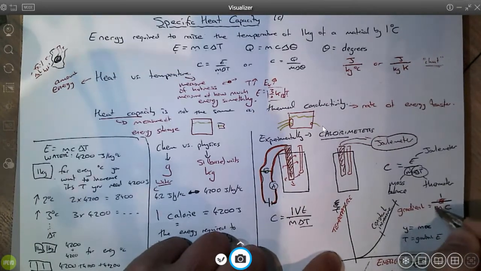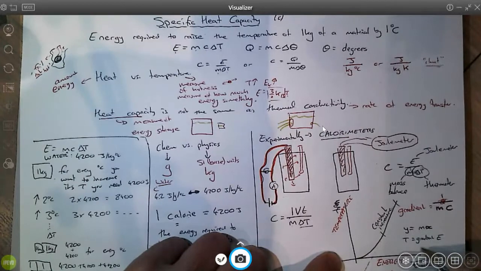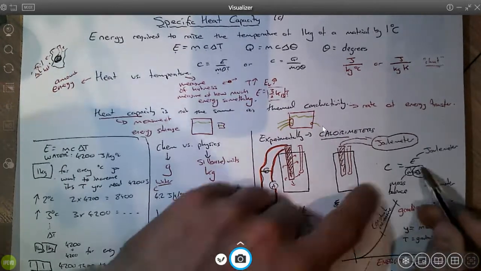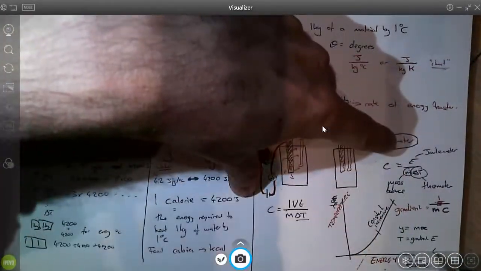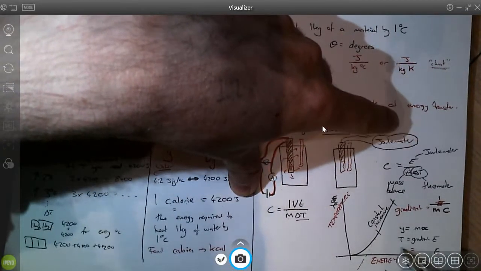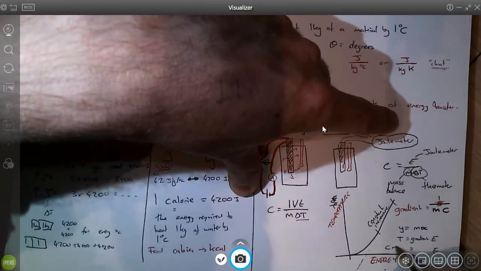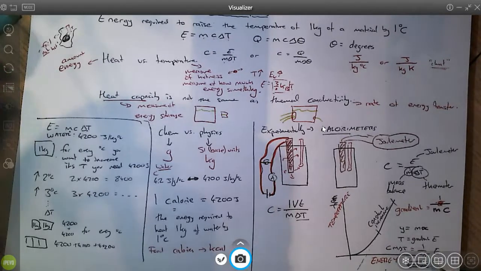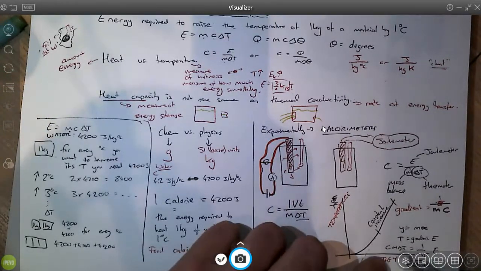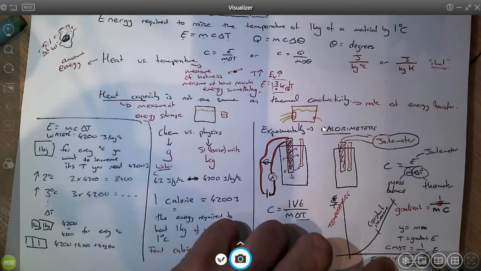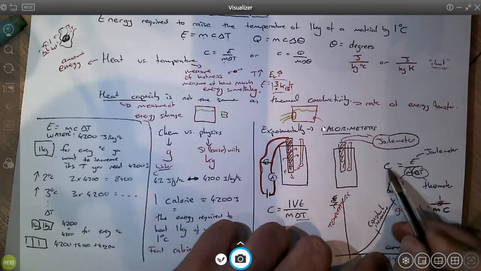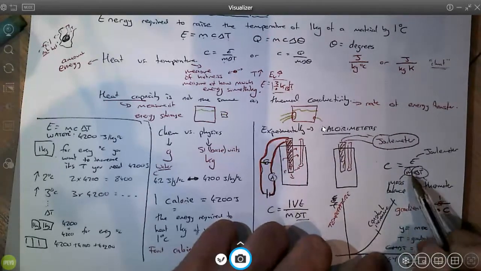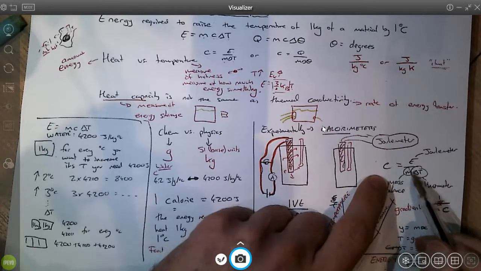The gradient is 1 over mc, because from this here, we can see that E equals cm delta T. Energy is c m delta T, or energy over m delta T is c.